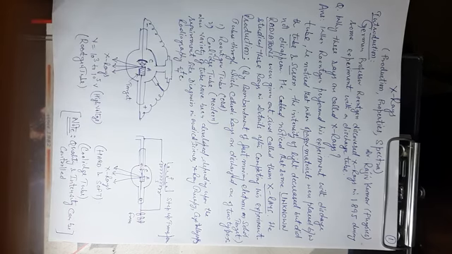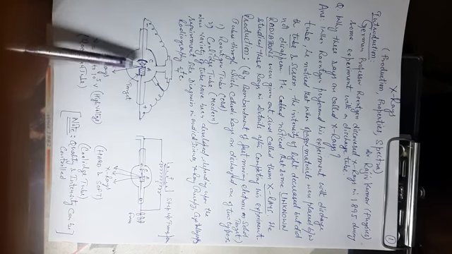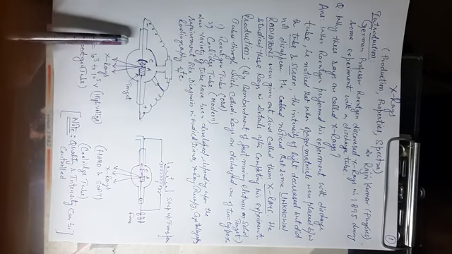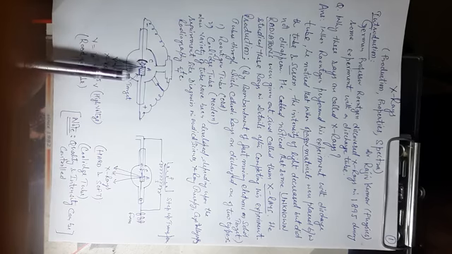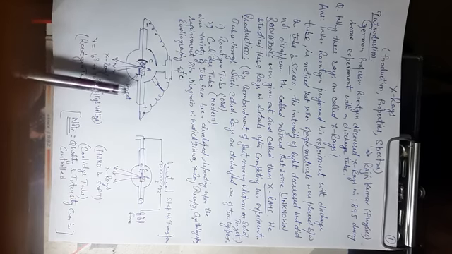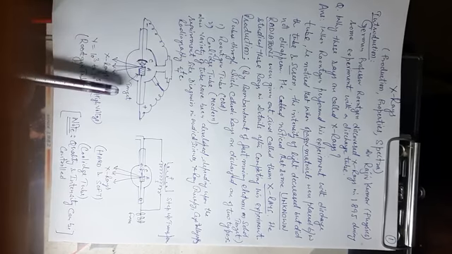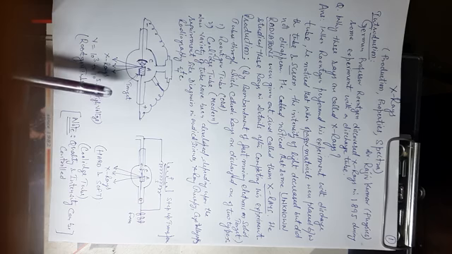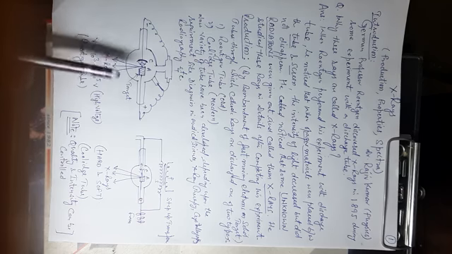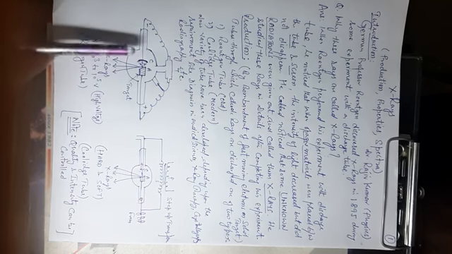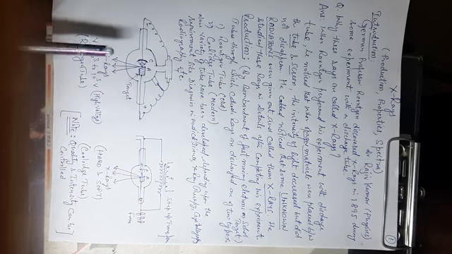In the first case, the cathode is on the left hand side, as you see in the figure, and the anode is placed on the right hand side. At the anode, there is a target of a high mass number element, and negative charge is given to the cathode, positive charge to the anode.